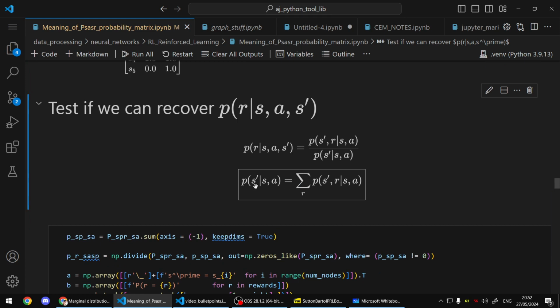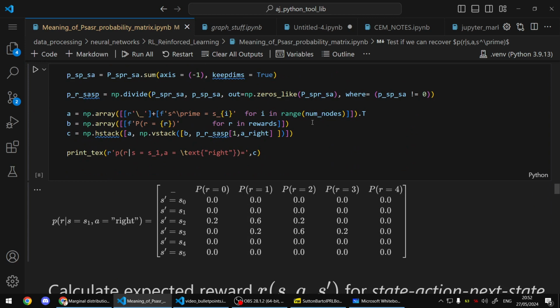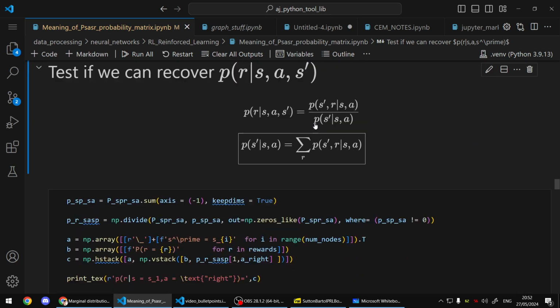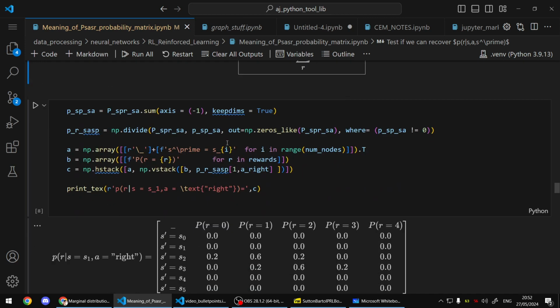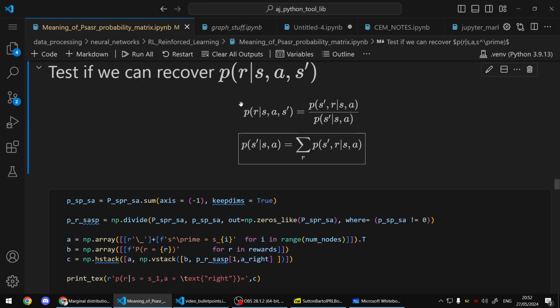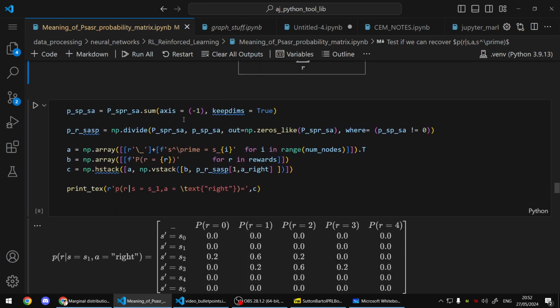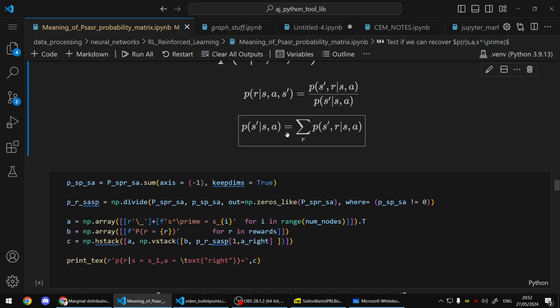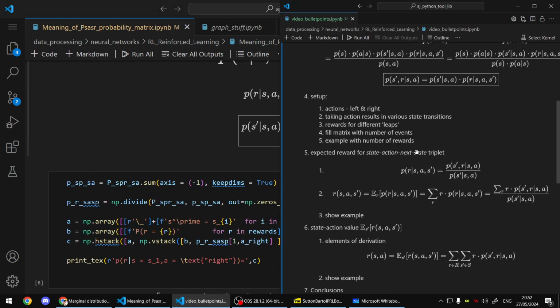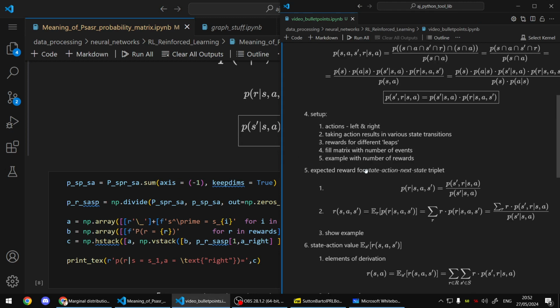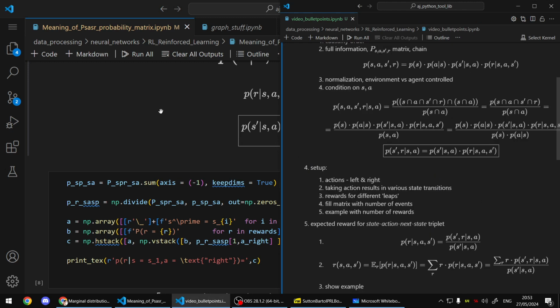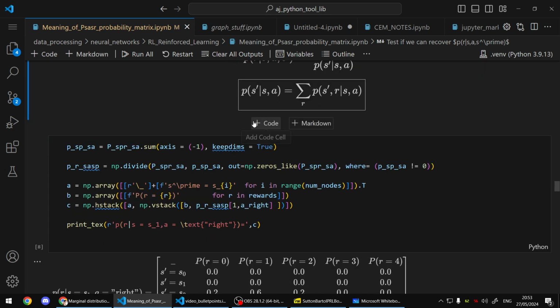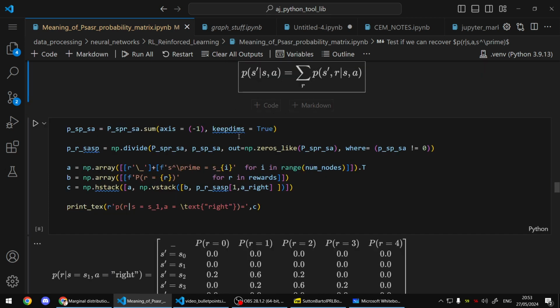I don't know why I have it here. But okay, let's go with the flow. Basically, that's what I want to recover, and I do what they ask me to. I have to check why it's so. Okay, I will think about it a bit later.